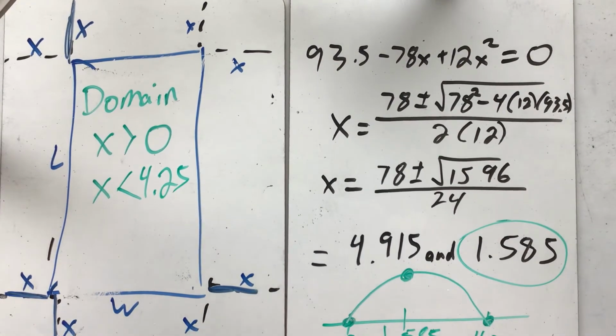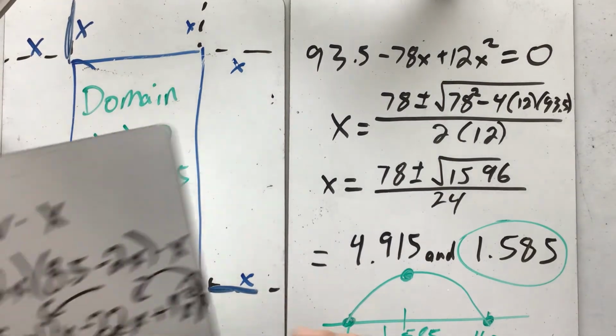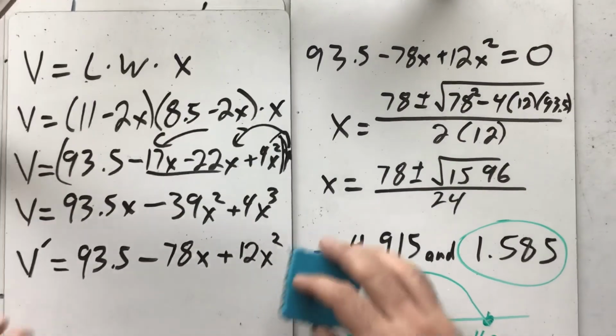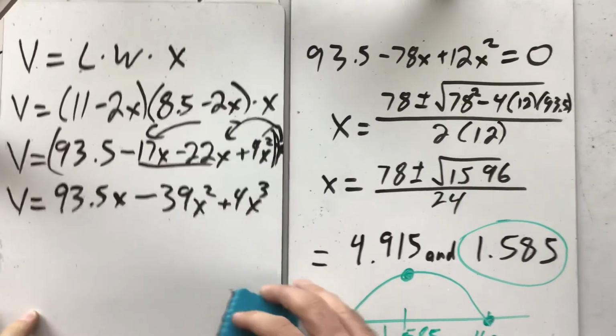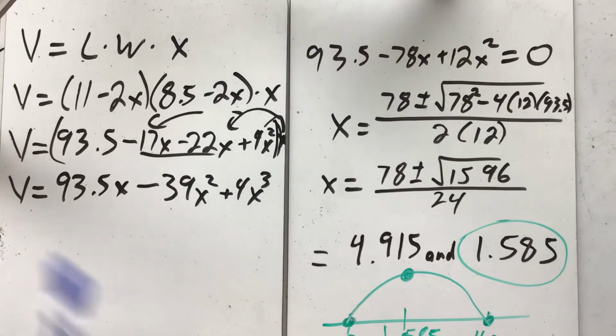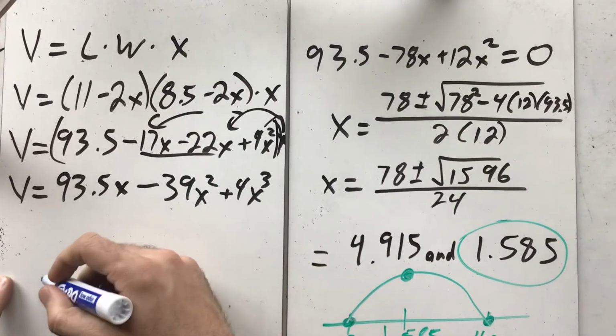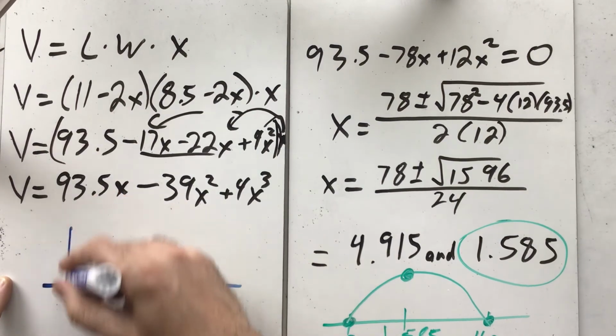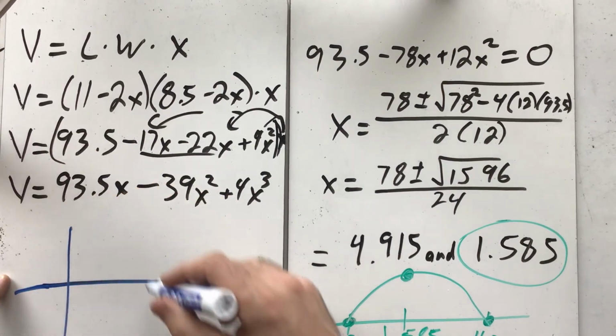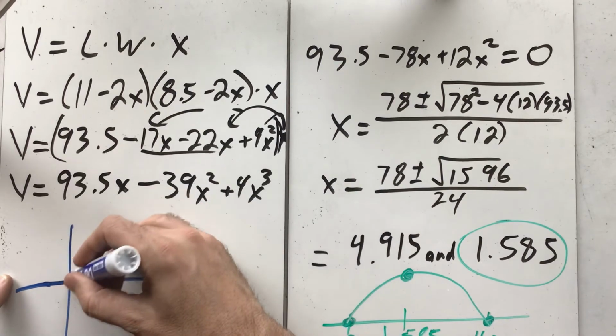How else could I have thought about this? Well, another way is in terms of my function. This is an x cubed function. We all kind of know what x cubes look like, don't we? We know that x cubes go up, down, and up again, and this one goes through 0.